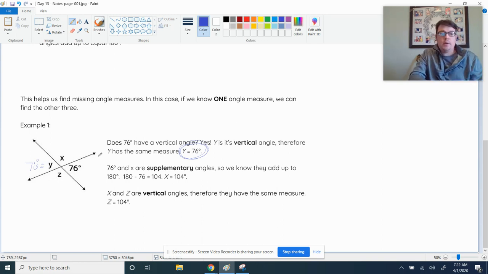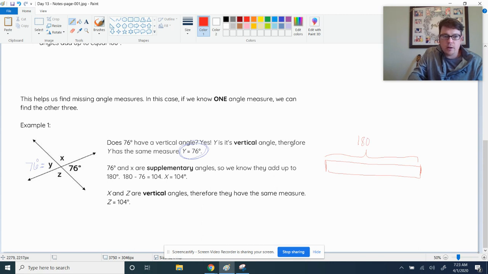Now, the other thing that we can find out from this by using supplementary angles, I'm going to do a quick little tape diagram to help you see this. So imagine that this tape is a 180 degree straight angle.